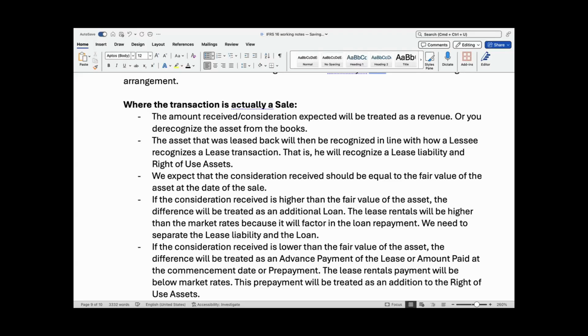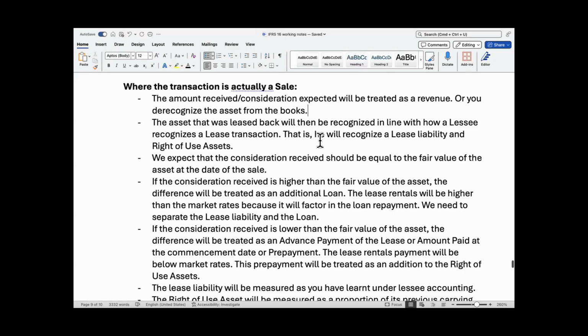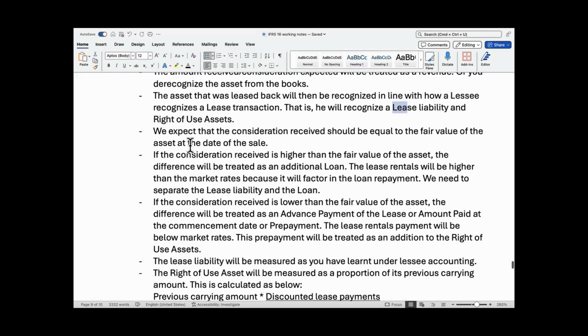Just remove the asset from your books, then you get a gain or loss on sale.